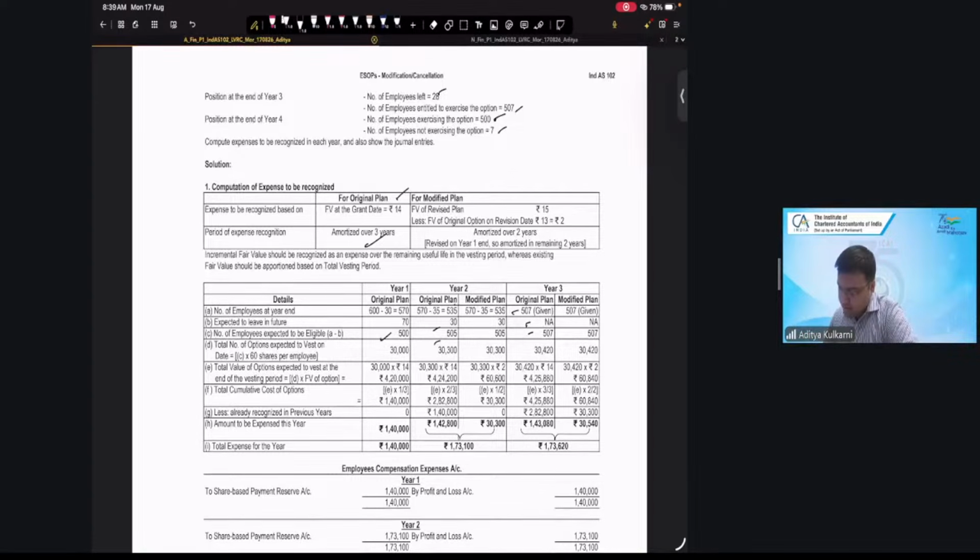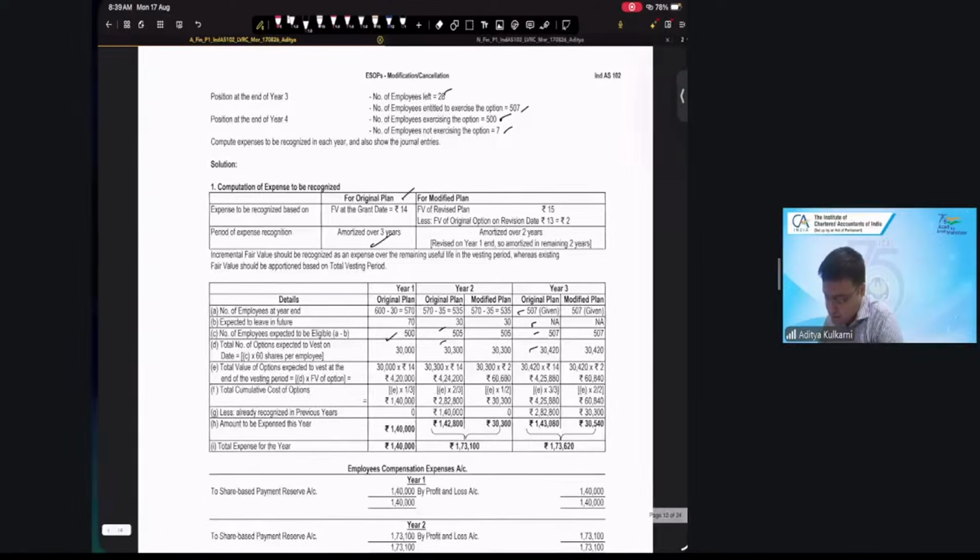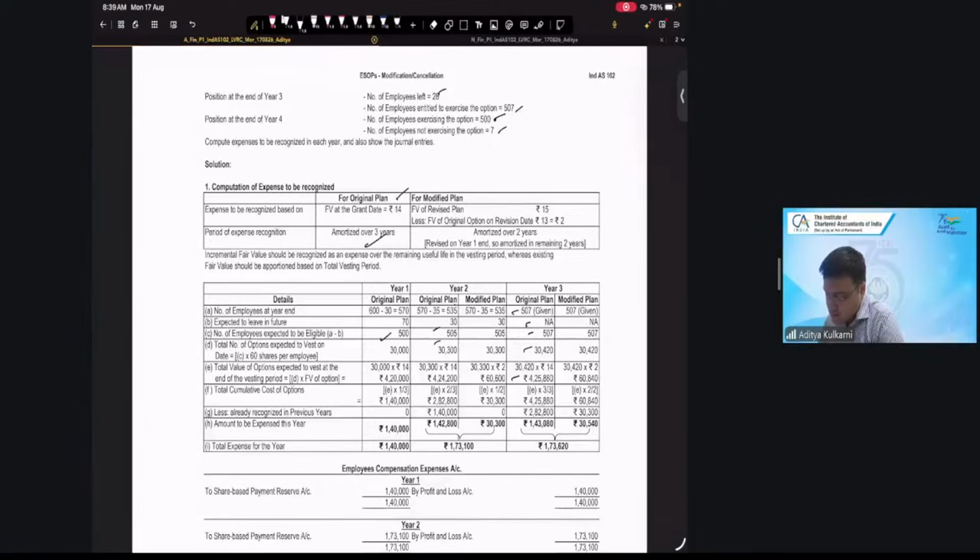So eligible 507. Expected to vest multiplied by 60 shares per employee. So 507 into 60, 30,420. Total value of options expected to vest is 30,420 into 14.